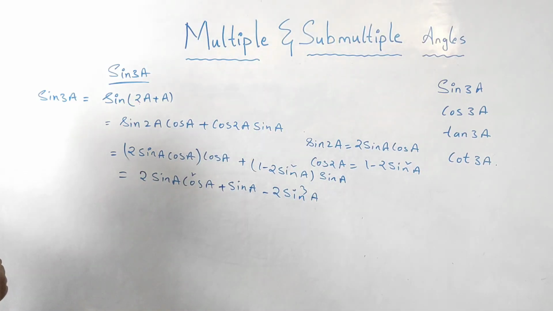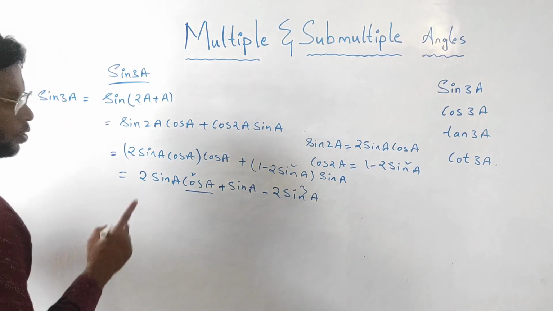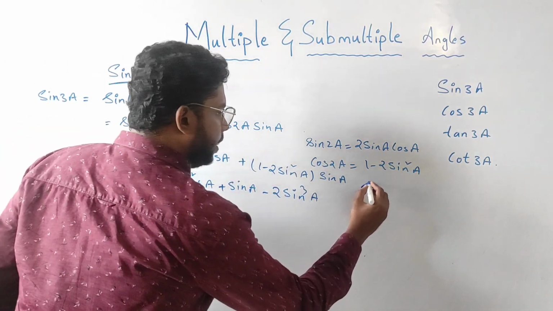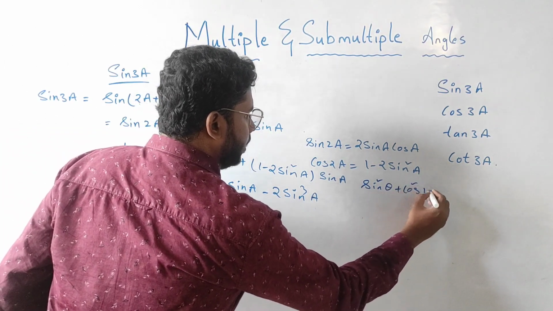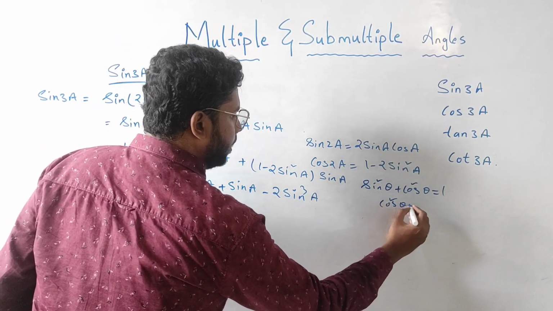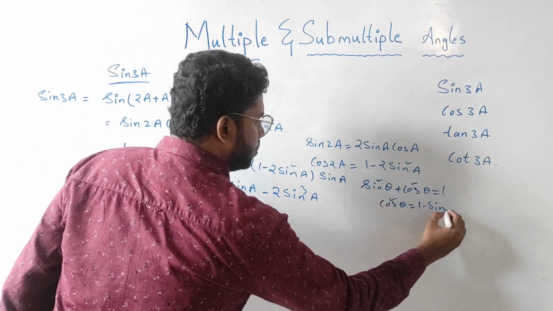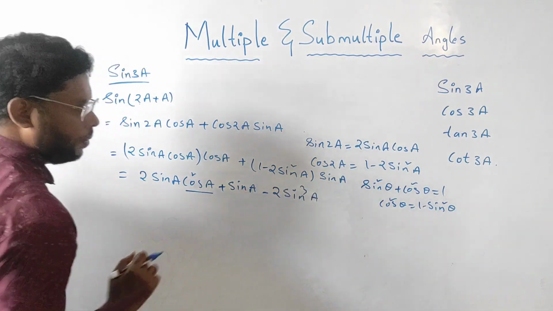Now cos square is there. From the identity sin square theta plus cos square theta equals 1, cos square theta can be written as 1 minus sin square theta. So in the place of cos square A, can I write 1 minus sin square A?